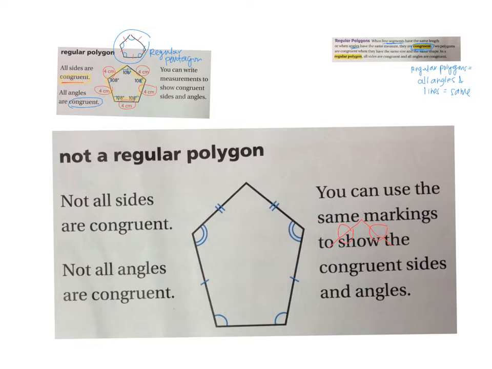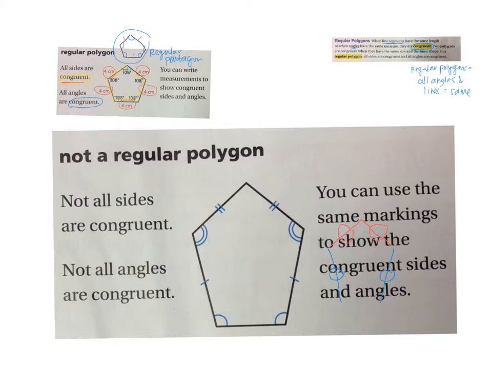Do you see how they have 2 lines running through them? However, these line segments down here have how many hash marks, they're called tick marks, running through them? 1. So those 2 are congruent, but are the red lines congruent to the blue lines? No. So if not all 5 line segments are congruent, then it's not a regular pentagon.